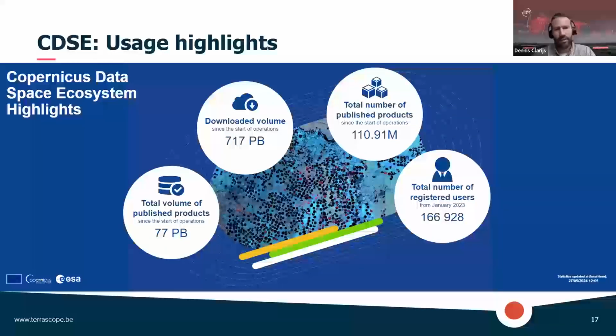And at the moment we are at 166 or 167,000 registered users, starting with the system early last year. And that number keeps growing with about 4,000 or 5,000 people per week now.